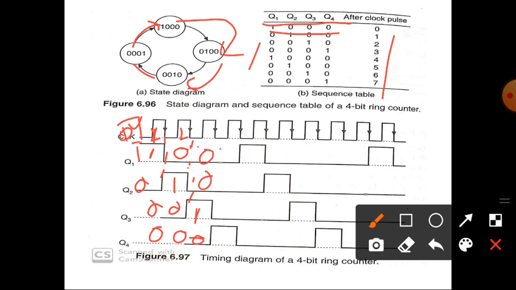On the next negative clock pulse, Q1 0, Q2 0 and Q3 0 and Q4 becomes 1. And on the next negative clock pulse, Q1 becomes 1, Q2 becomes 0, Q3 becomes 0 and Q4 becomes 0. And this sequence will be continued.